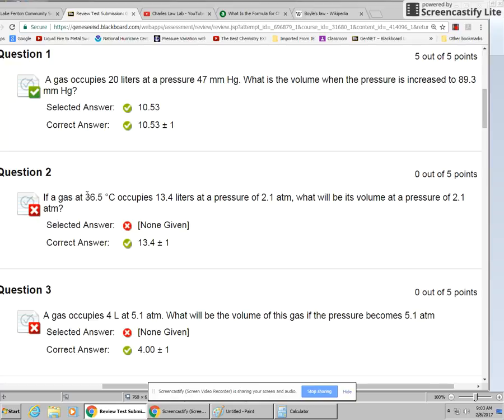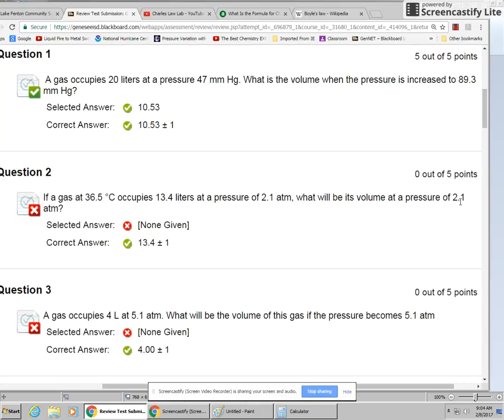Oh, and you know what? If a gas at 30 feet occupies... oh, you know what? On question 2, I'm going to get rid of this, because on here, this is volume and this is pressure. And it looks like we're going to be learning all of these different measurements of pressure, like 2.1 atmospheres is a measurement of pressure. 13.4 liters is a measure of volume. So you have volume 1 and pressure 1.